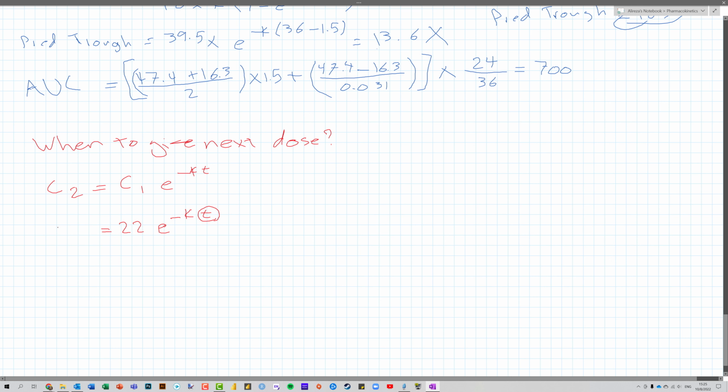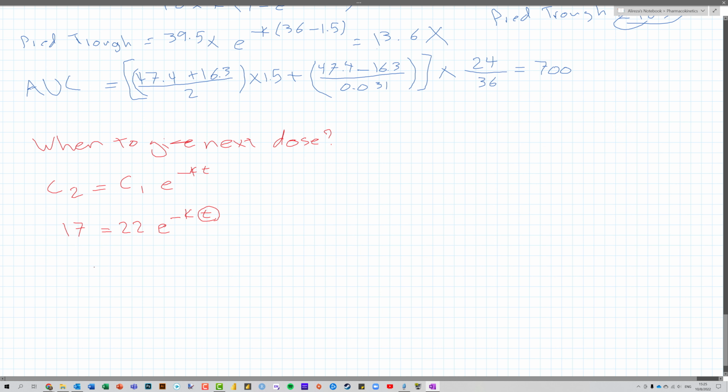Just to be safe, I'm going to use 17, for example, because 17 is between 15 and 20. You don't want it to go less than 15 for this patient, and you don't want it to be more than 20 because it's toxic. These are estimates, so I'm just going to go for 17.